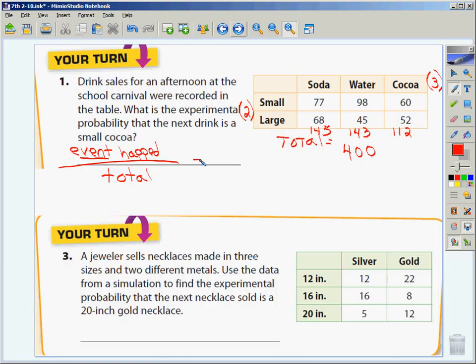There are 400 individual events that have been recorded. Everybody see that?